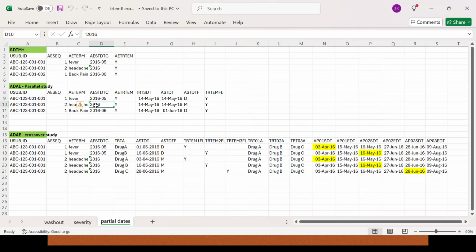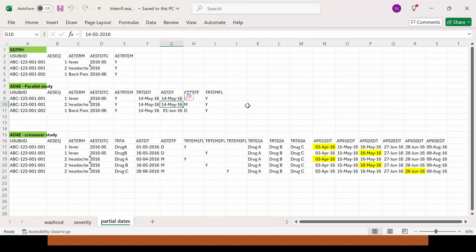Similarly, when we talk about the second scenario where we have only the year present, in that scenario, how will we do the imputations? Now, since we have only the year, we can compare only the year with the treatment start date. So in this example, since the year of both these dates are same, we will keep the day and month part same for the ASTDT.